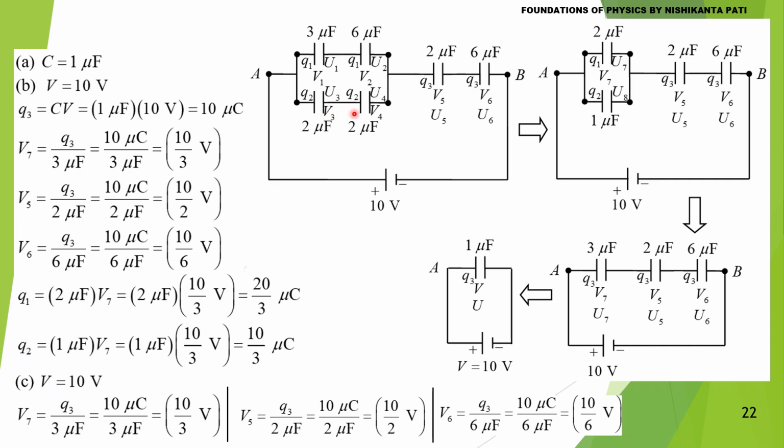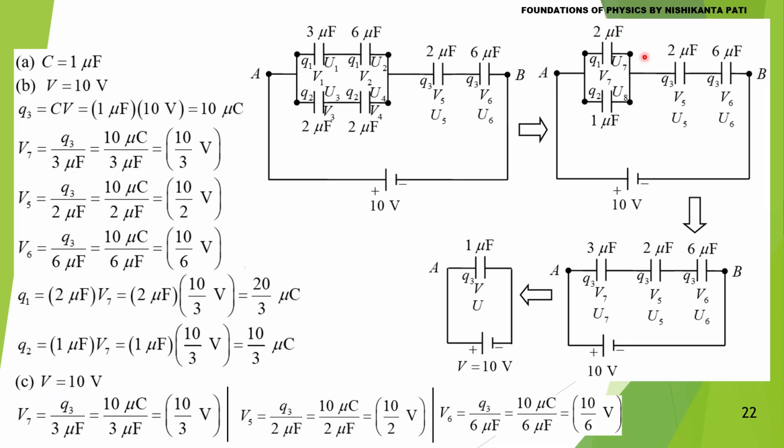This is 2 microfarad series combination. It is coming then 1 microfarad. This Q1 plus Q2 must be Q3. So Q3, Q3, Q3, here also Q3.